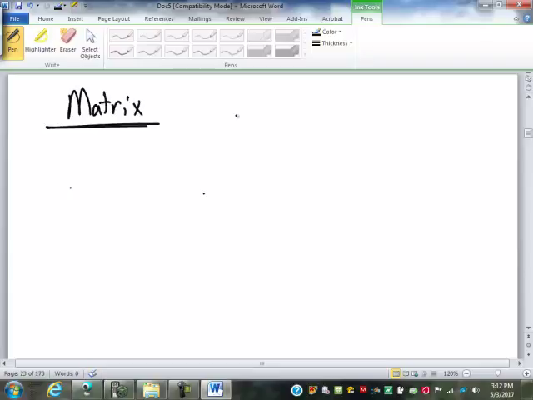A matrix is just an organized set of numbers. So we might have like 4, 3, negative 2, 0, negative 5, and 1. Put them in brackets. That's a matrix.